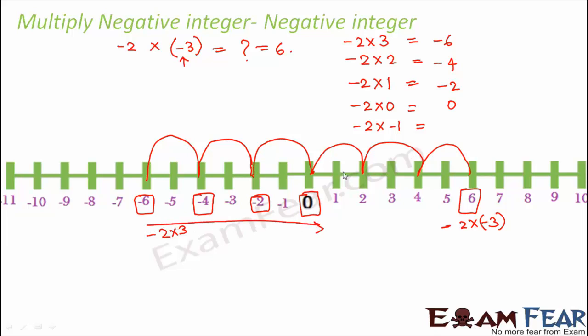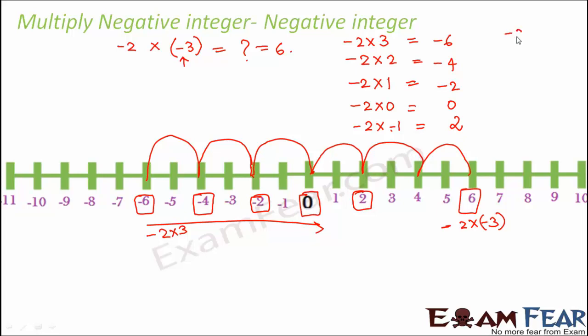So what should be the expected value of minus 2 into minus 1? This also means that 2 is added one time. But will it be minus 2? In that case, this and this will have the same value. No, right? So this time we are moving yet ahead. So this is going to be 2.